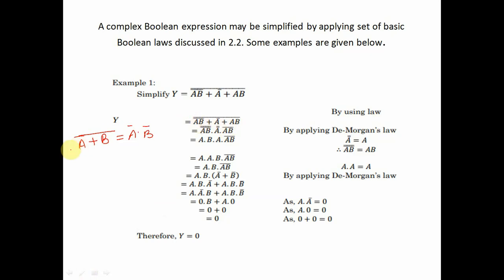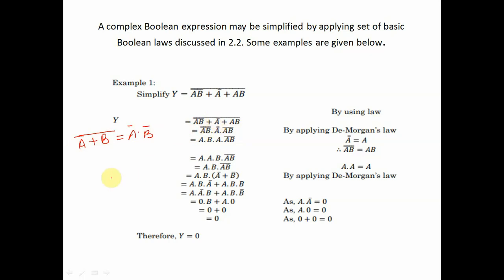Now we use De Morgan's theorem. Which is De Morgan's theorem? A plus B bar is equal to A bar dot B bar. By using De Morgan's theorem we will solve this expression. The addition sign is converted into multiplication, so we get AB double bar dot A bar double bar.